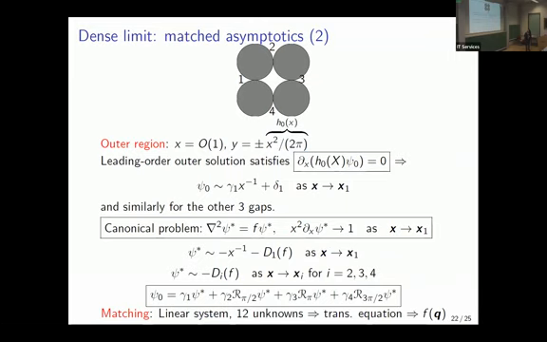You consider this equation here: Laplacian of psi star is equal to f, psi star being the solution to the canonical problem. And you force with particular conditions at one of the cusps and 0 in the other three cusps. So these are the conditions as you approach the end of the domain over here.